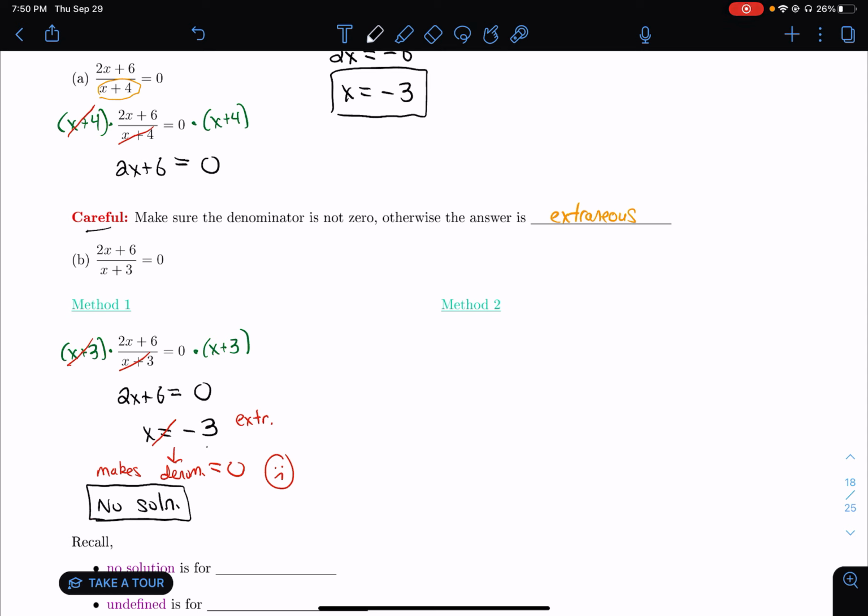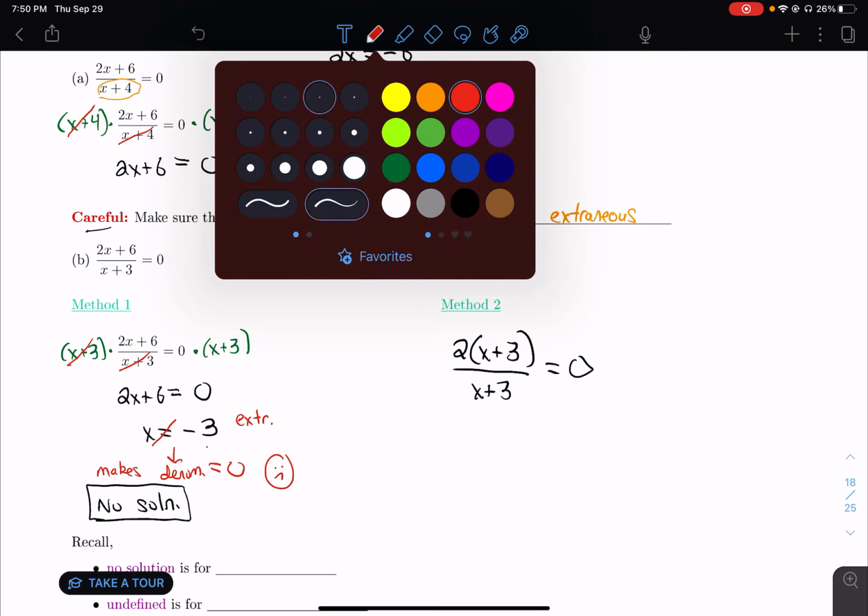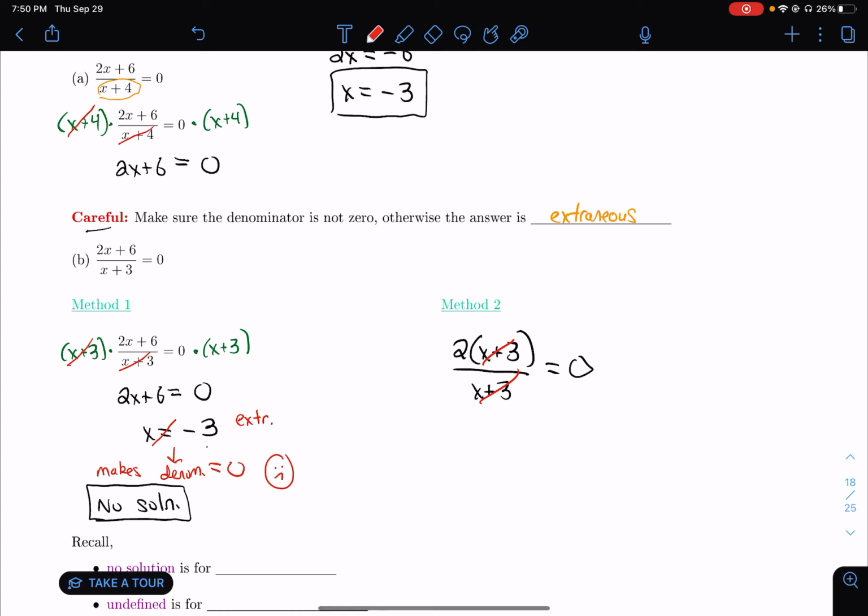All right, so let's talk about a second way I could have solved this. So method 2. On the numerator, notice that I can factor a 2 out, and that'll leave me with x plus 3 left over, and then over the x plus 3 on the denominator equals 0. So I factor that 2 out of the numerator, and now those x plus 3's cancel out on the top and on the bottom.